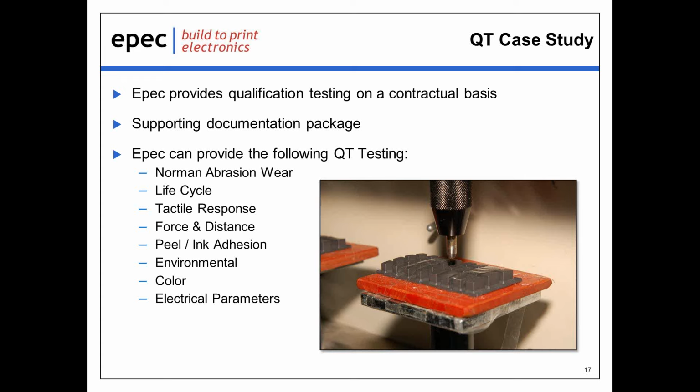The tactile response, again, of that switch assembly to give you an idea of what the feedback is, or if we're trying to meet a required specification, that we can prove out that that required specification has been met. We can do force and distance measurements, also pull, ink and adhesion measurements, environmental conditions as shown earlier with environmental chambers, color verification, and also the electrical parameters, again, that are driven by the customer specification as required.